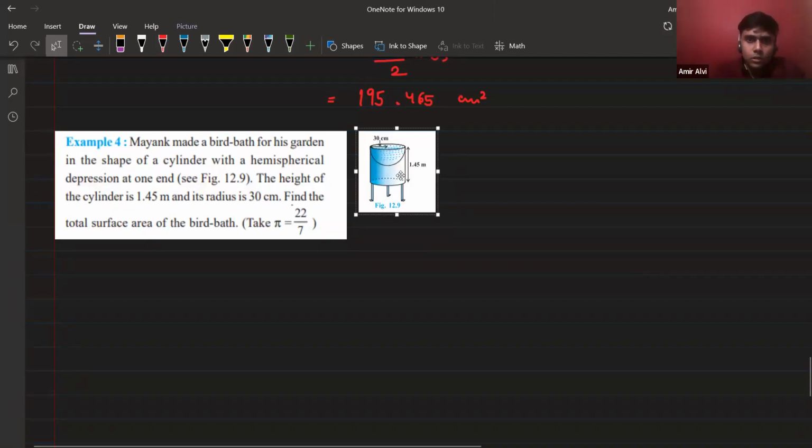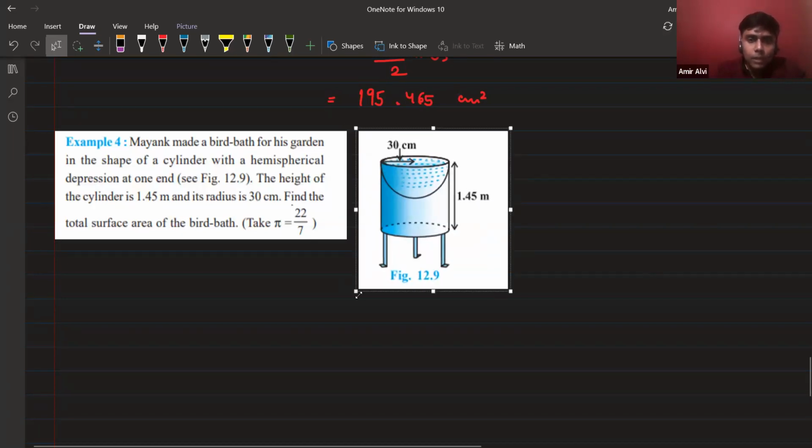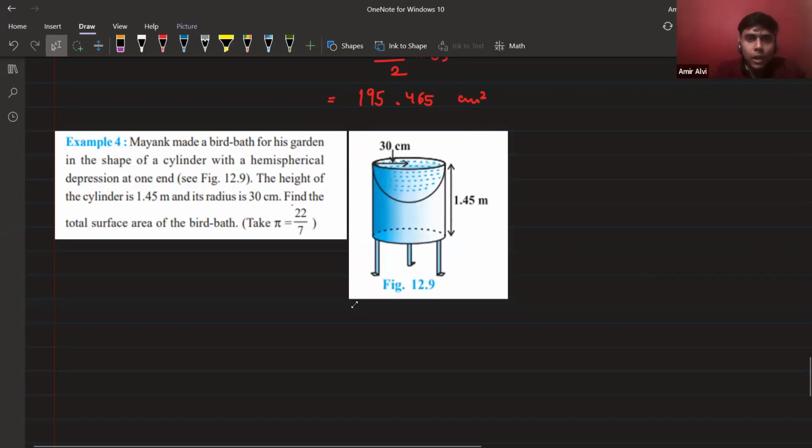This is a combination of solids made up of a hemisphere and a cylindrical part. A man made a bird bath for his garden in the shape of a cylinder with a hemispherical depression at one end. The height of the cylinder is 1.45 meter and the radius is 30 centimeter. Find the total surface area of the bird bath. Calculate this question.